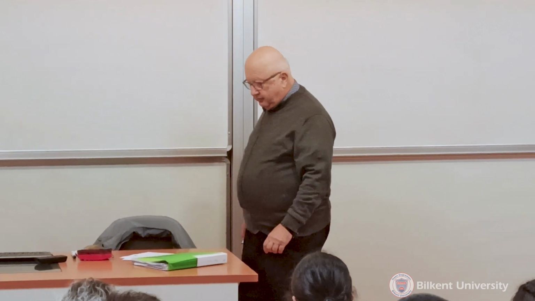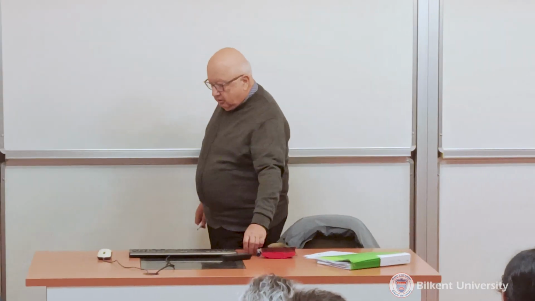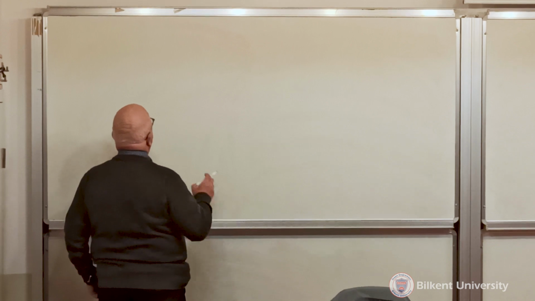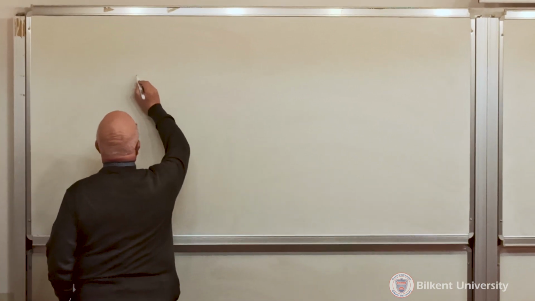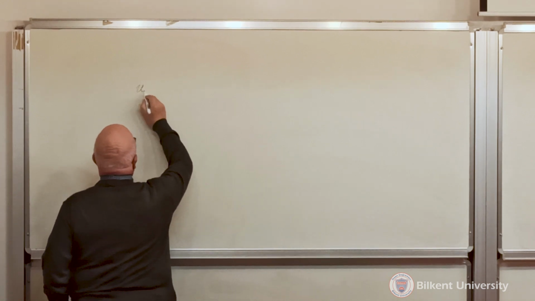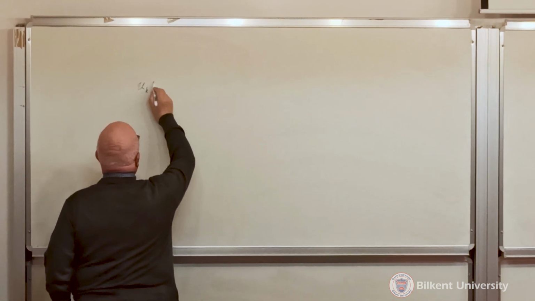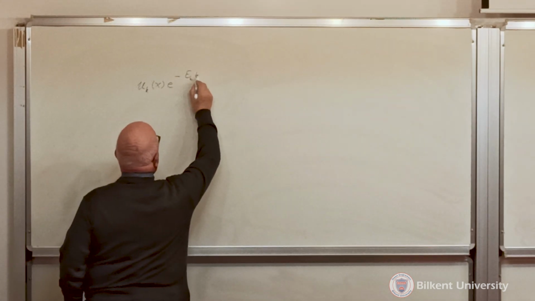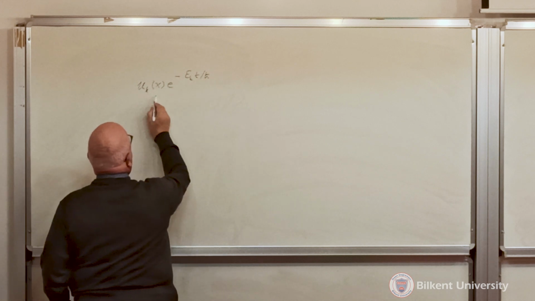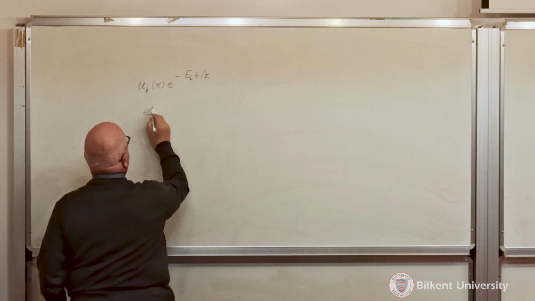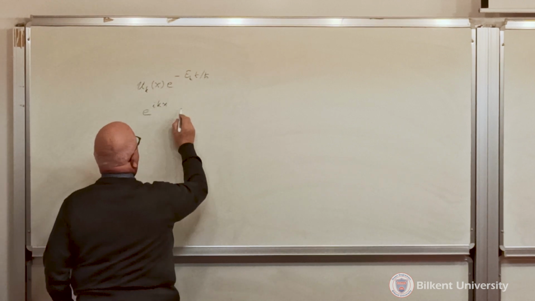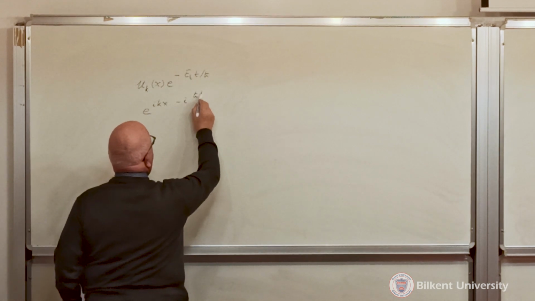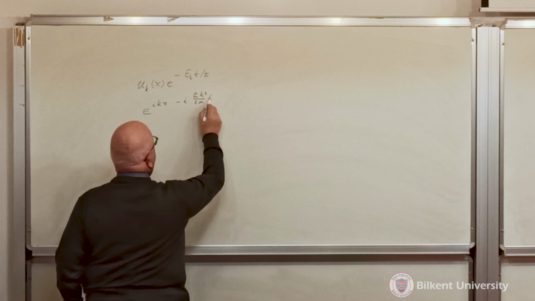We have been working on the solution to the free particle problem, and we had this free particle solution which had the form u_k(x) e^(-E_k t/ħ), where this u_k(x) was e^(ikx), and therefore this term here brought in e^(-iħk²t/2m).